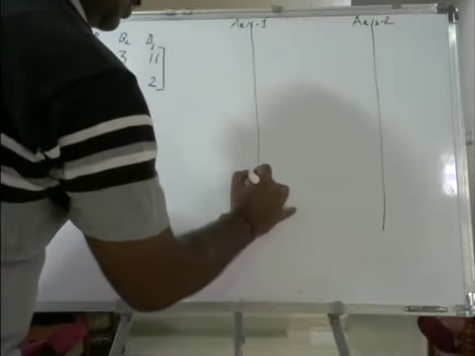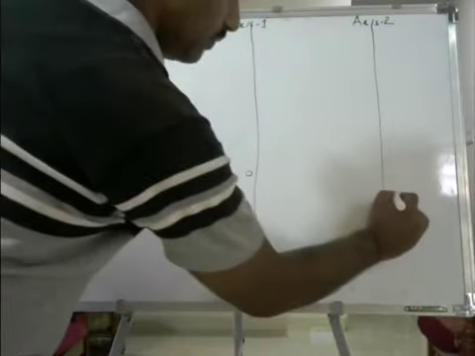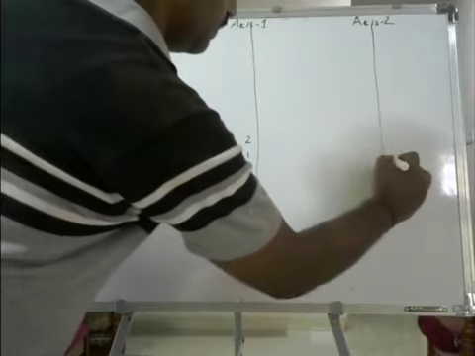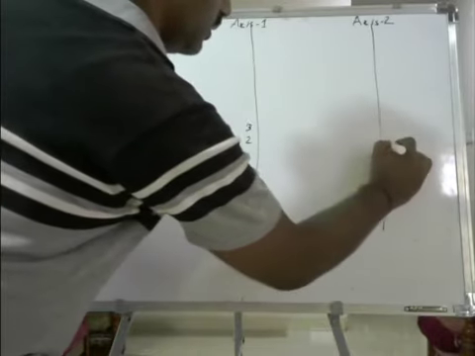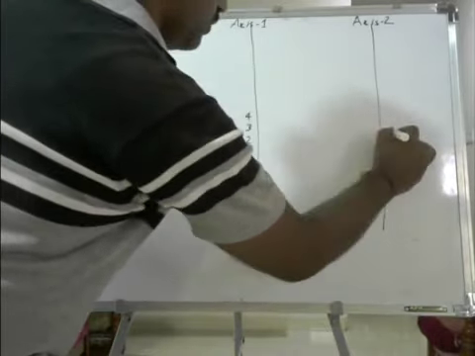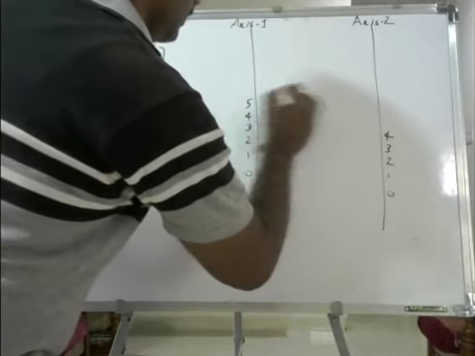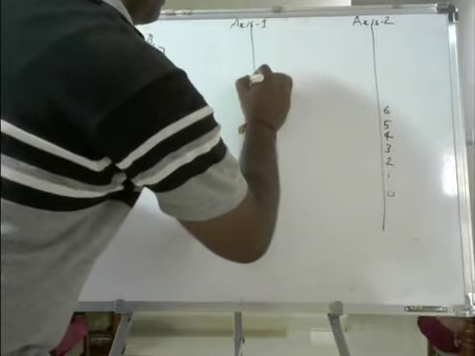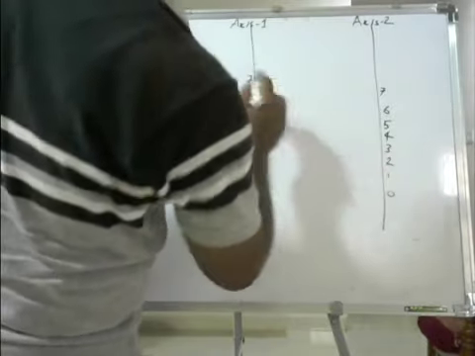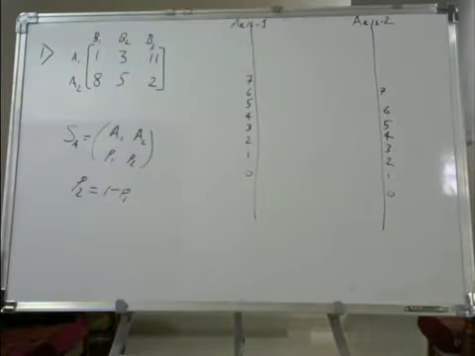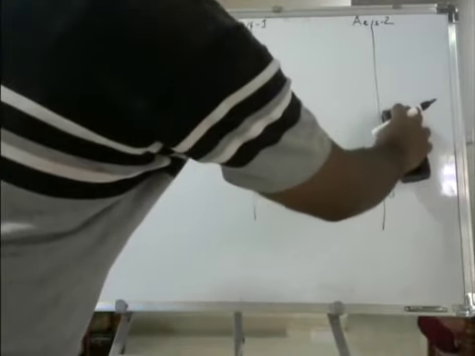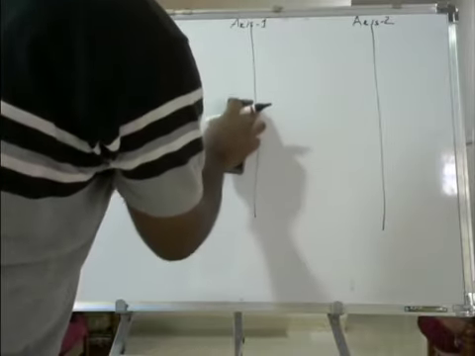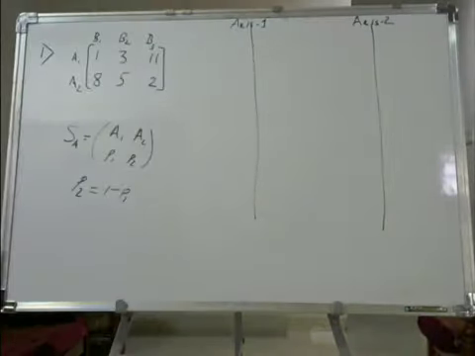So I'll start with 0, 1, 2, 3, 4, 5, 6, 7. Sorry, they are not uniform, so let me do it again.